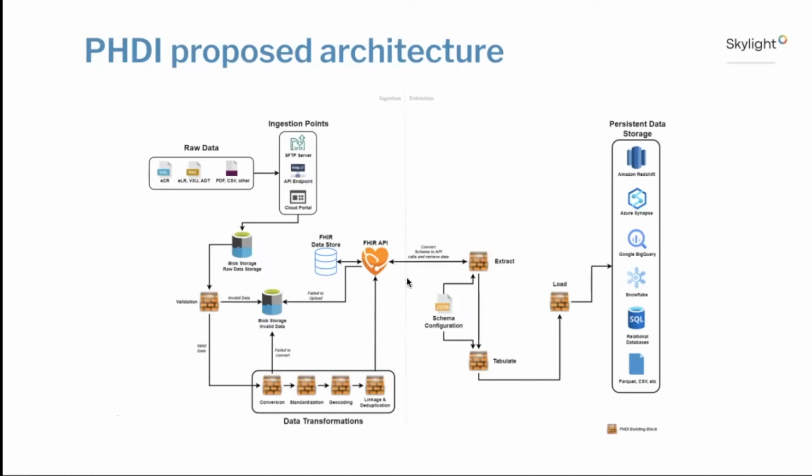So that's sort of the second half of the FHIR server. Oftentimes we talk about ingestion to the left side of the FHIR server, and then our extraction processes on the right side of the FHIR server. But we have additionally developed 3 additional building blocks to extract, tabulate, and load data from the FHIR server, given a user-defined schema.